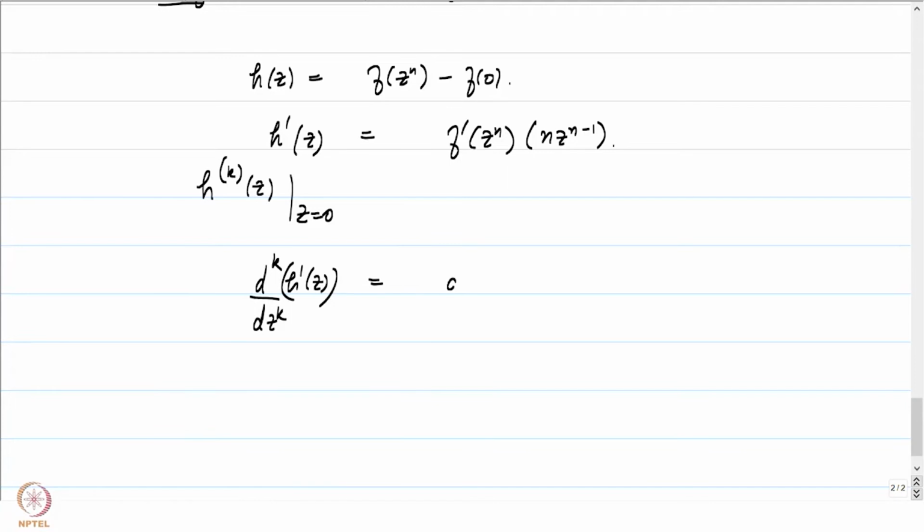That's going to be equal to d^k/dz^k of the thing on the right, which is f'(z)^n times z^(n-1).